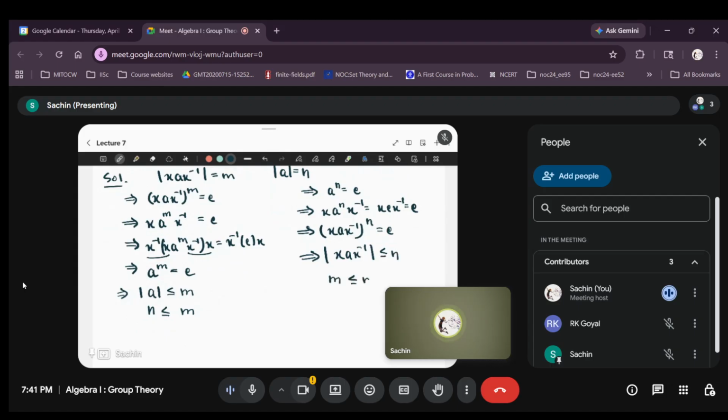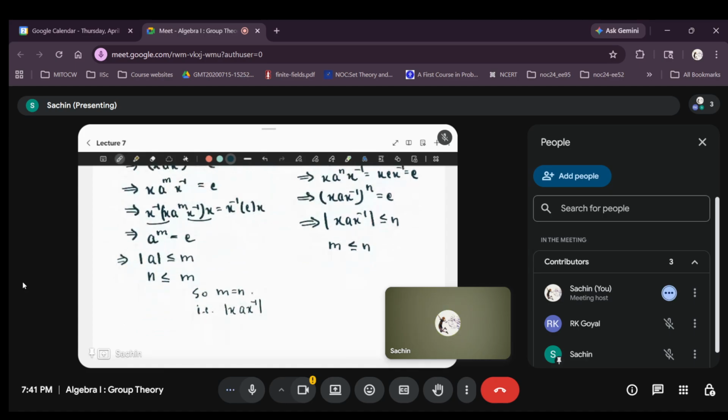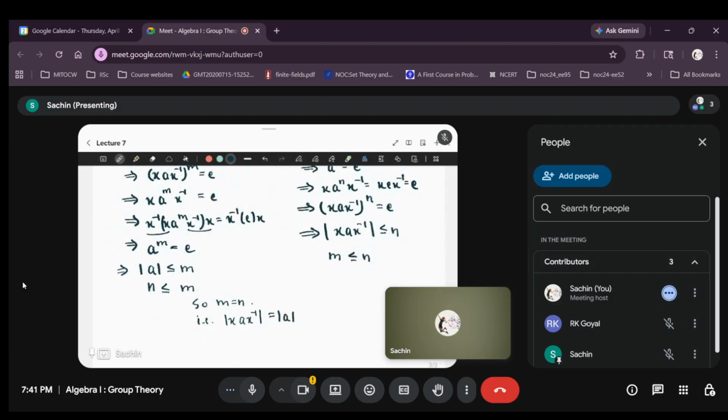That means m is less than or equal to n. So again, n is less than or equal to m is less than or equal to n, which means the only possibility is that m is equal to n. That is, the order of XA X inverse is equal to the order of A.